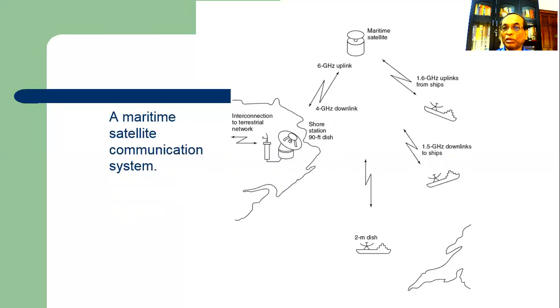So this is for navigation in the maritime area. There will be a very large antenna at some ship. That antenna will receive the signal and communicate it to the satellite. So it is two-way, and it will retransmit.